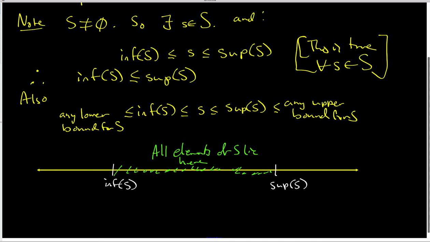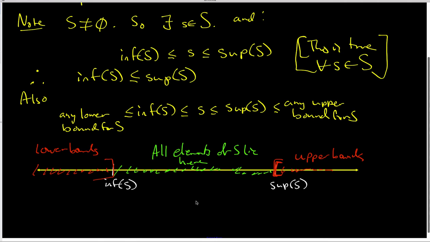And I know, obviously, that all of the upper bounds are out here. The upper bounds start with the sup, and they go out here. The lower bounds start with the inf and go out here. So the lower bounds are all out here.